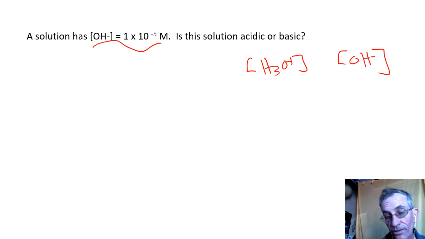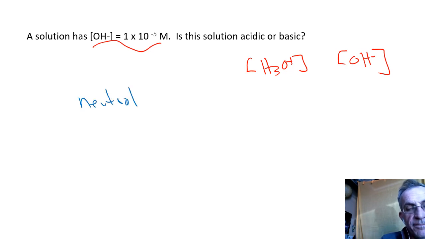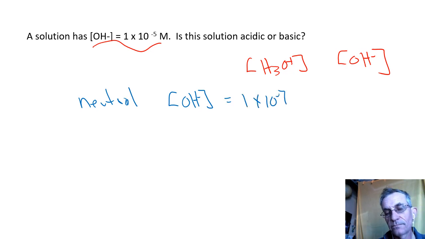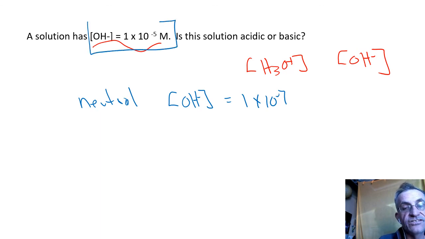The way you can do it is to compare the amount of OH you have to what you find in normal neutral water. Just to remind you, in neutral water, the amount of OH is 10 to the minus 7. In this solution, the amount of OH is 1 times 10 to the minus 5.